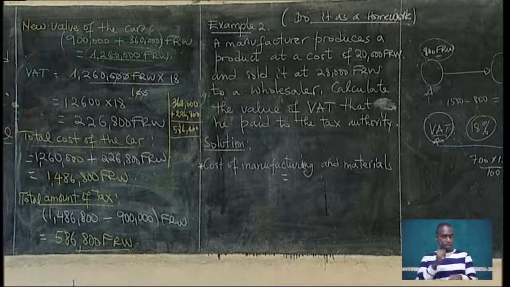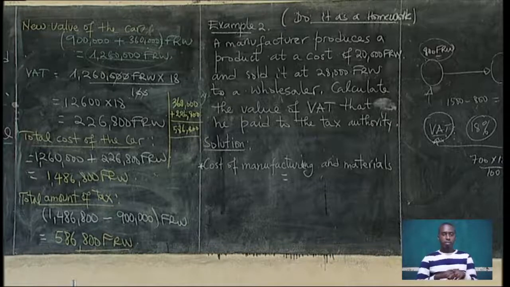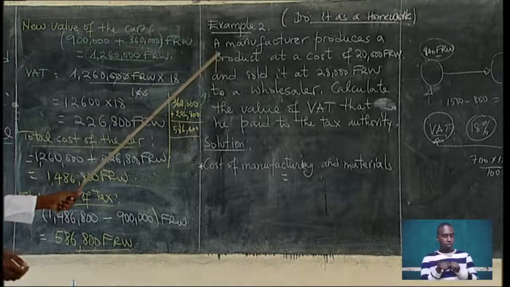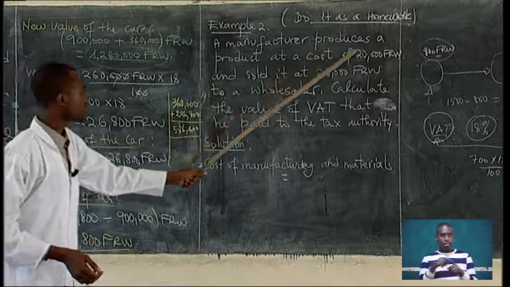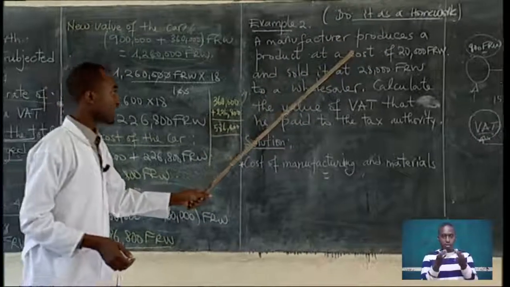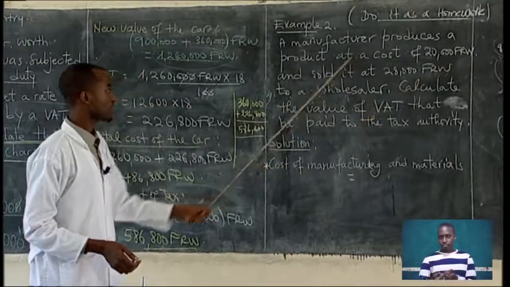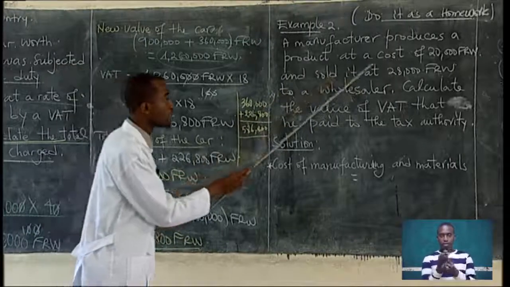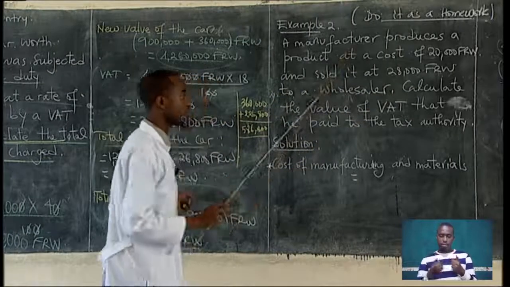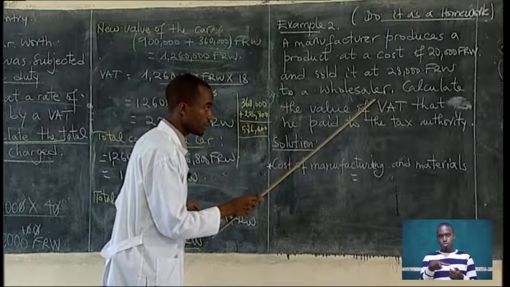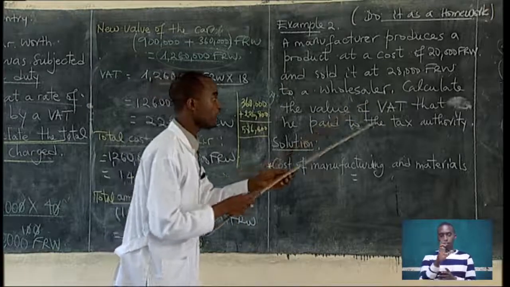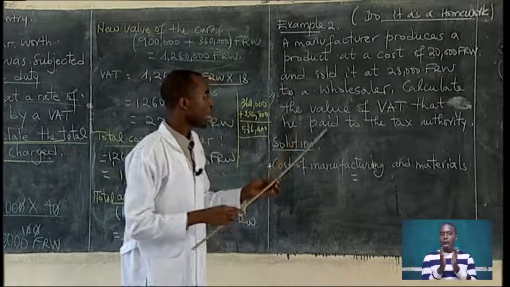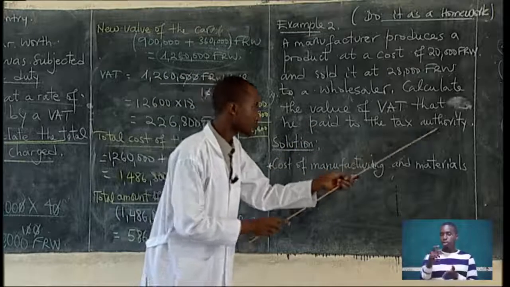You write it and we will collect it next time with our next lesson. As you can read, a manufacturer produces a product at a cost of 20,000 Rwanda francs and sold it at 28,000 Rwanda francs to a wholesaler. You calculate the value of VAT that he paid to the tax authority.